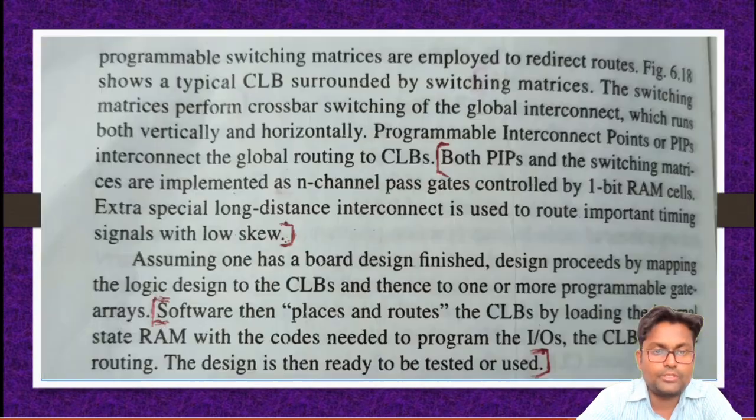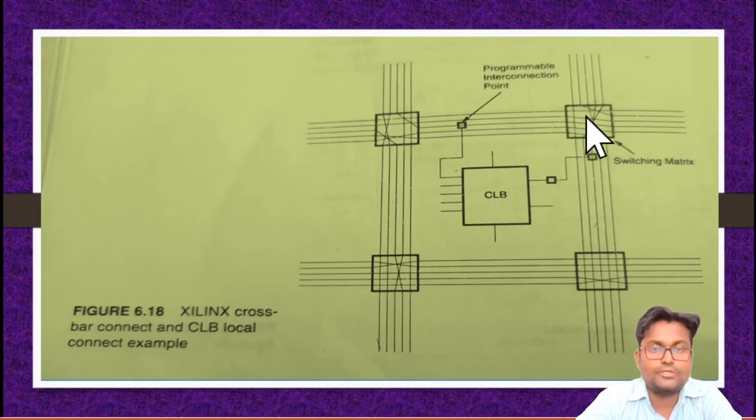The structure representing the horizontal and vertical routing channels along with the configurable logic block is shown here. Every configurable logic block is surrounded by horizontal and vertical channels.